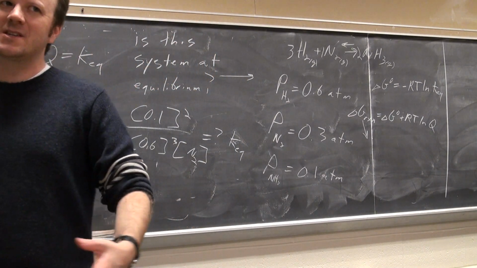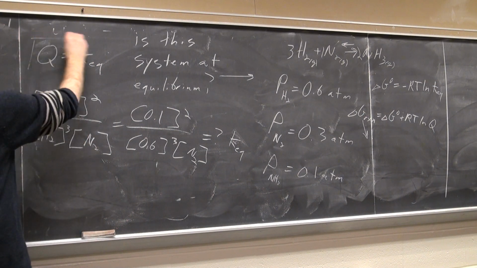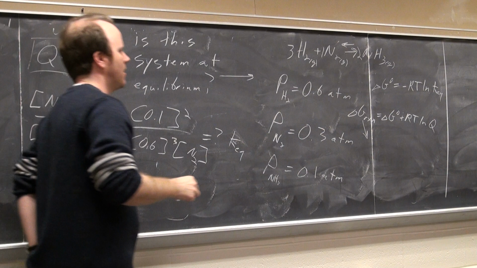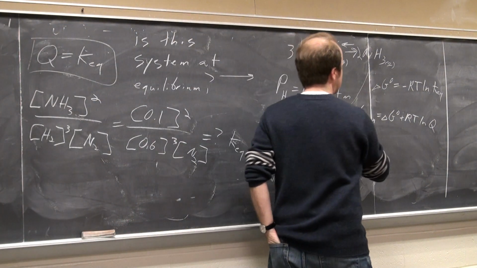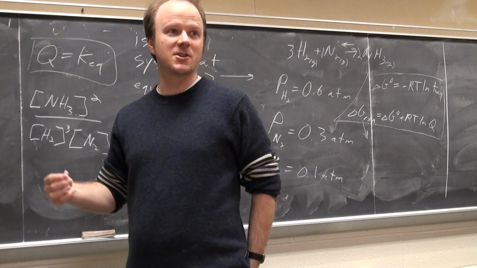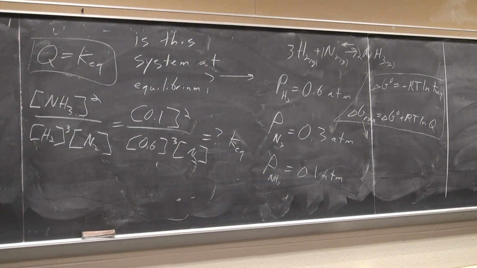So this whole business of the reaction quotient and whether the reaction quotient equals the equilibrium constant is a really important idea, along with these two equations, to figure out if you're at equilibrium or not. So when I say any question on the exam or any question on the homework that has the word equilibrium in it, you're thinking delta G, KEQ, delta G0, and reaction quotient.